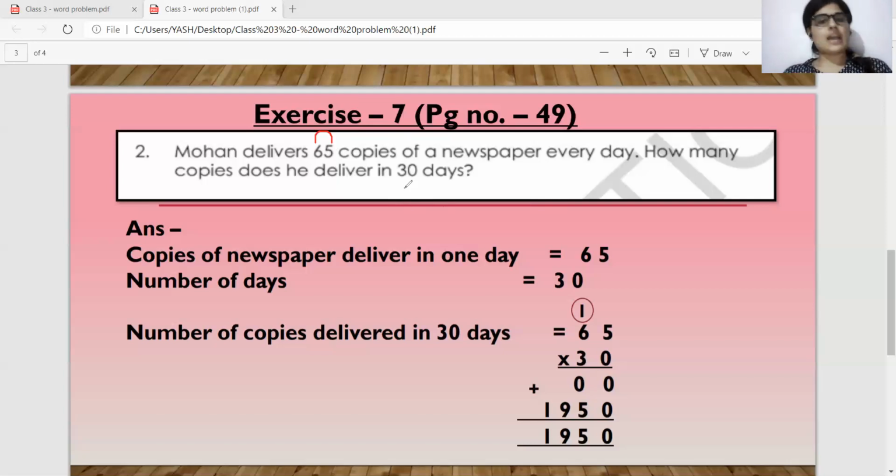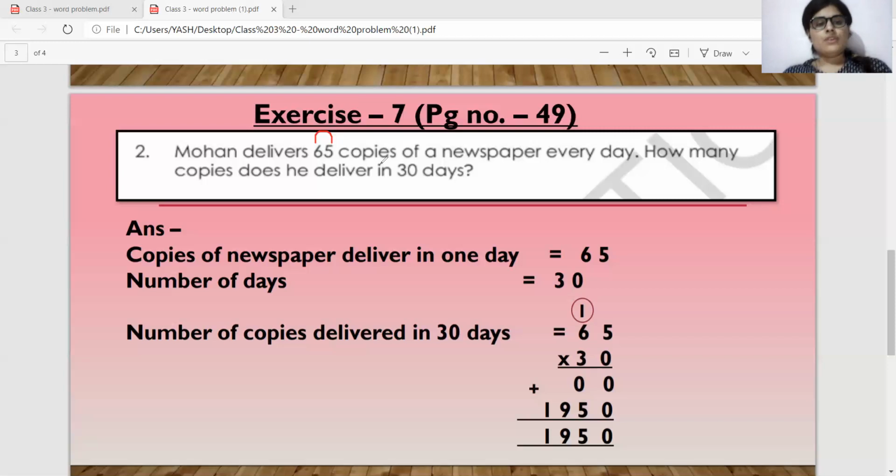So 65 times 30, isn't it? Because what is multiplication? Whenever we add the numbers again and again, we get multiplication. Multiplication is repeated addition.